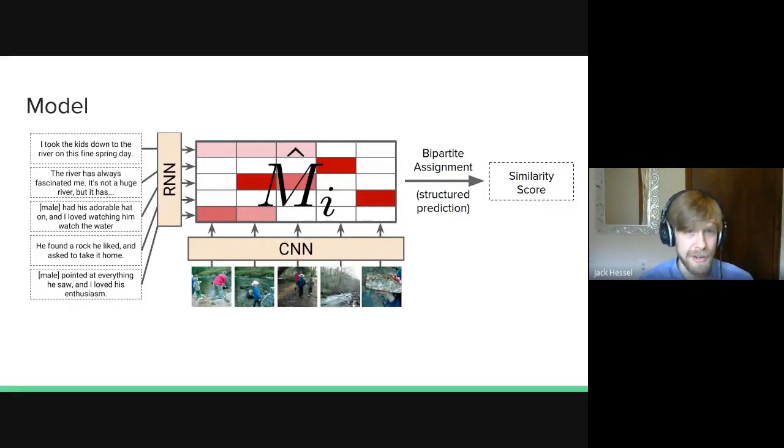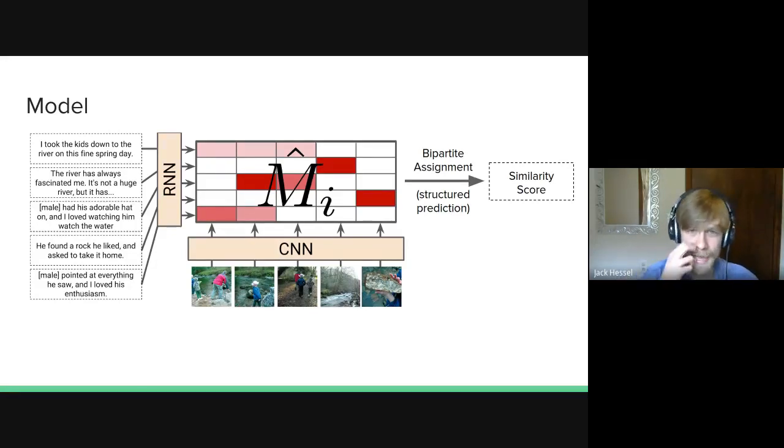So what are we going to do here? Well, we are going to pass all of our sentences through a recurrent neural network to extract feature vectors, and similarly pass all of our images through a convolutional neural network to extract feature vectors. Between these feature vectors, we're going to take the pairwise cosine similarity between all of them to form this M hat I matrix.